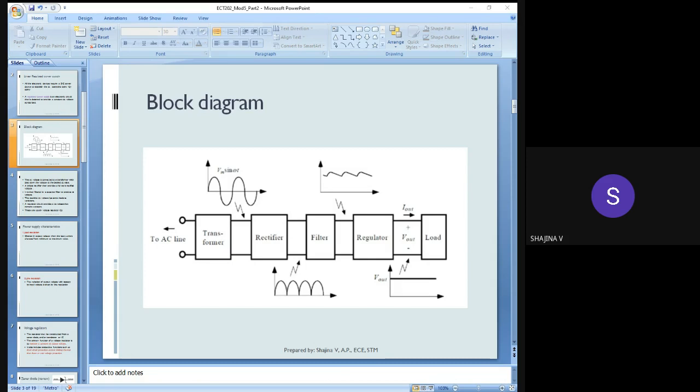Can you tell me which is the main component used in the voltage regulator? You have studied this in first year. Which element is the main component in the voltage regulator, or which device is used as a voltage regulator?